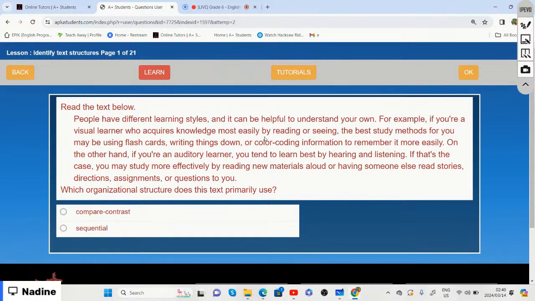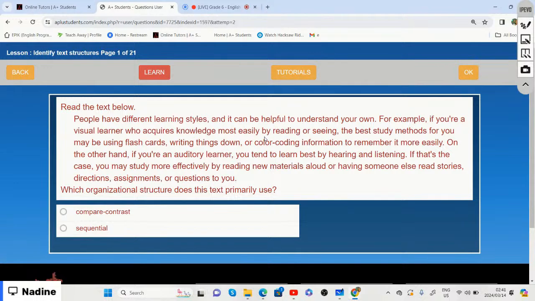It says people have different learning styles and it can be helpful to understand your own learning styles, right? For example, if you are a visual learner who acquires knowledge most easily by reading or seeing, the best study methods for you may be using flashcards, writing things down, or color coding information to remember it more easily.